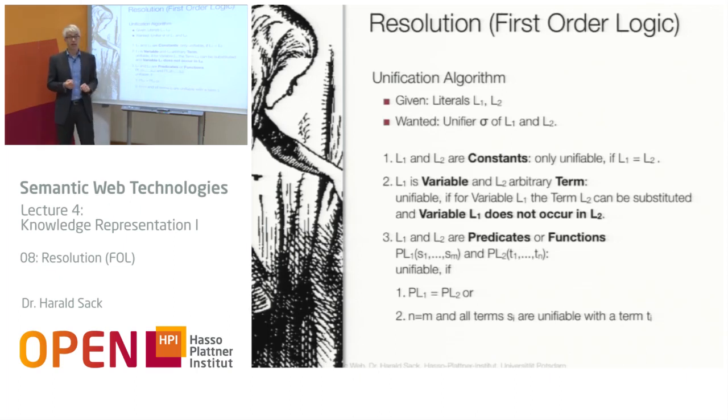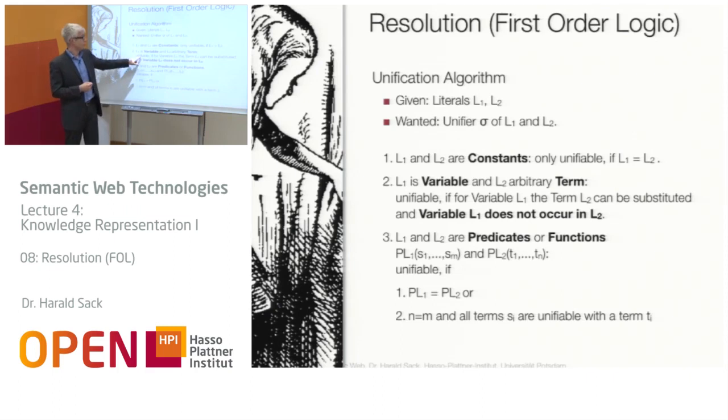And they are only unifiable if they are both the same, so the predicate symbols are equal, and the arity of both is the same, so m equals n. And all the terms that you have here, s sub i and t sub i, must be unifiable. It means a term s sub i must be unifiable with a term t sub i. Only then these literals are unifiable.